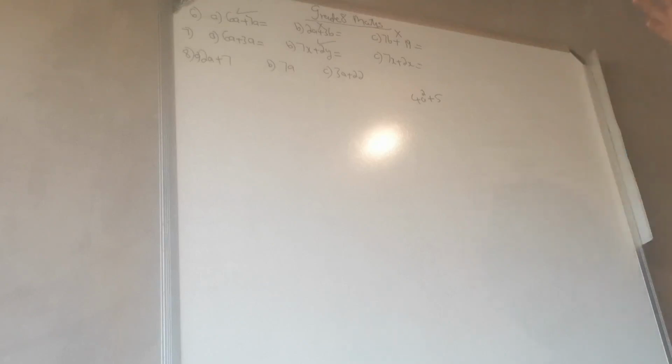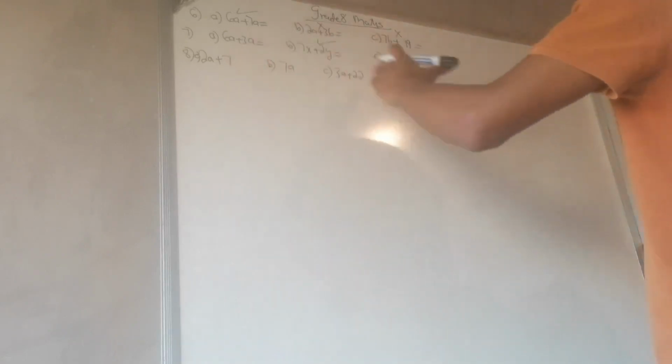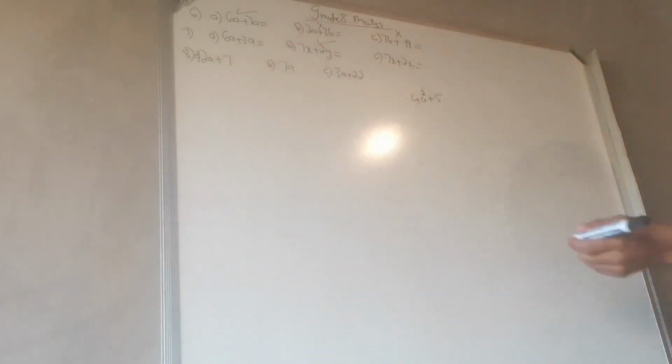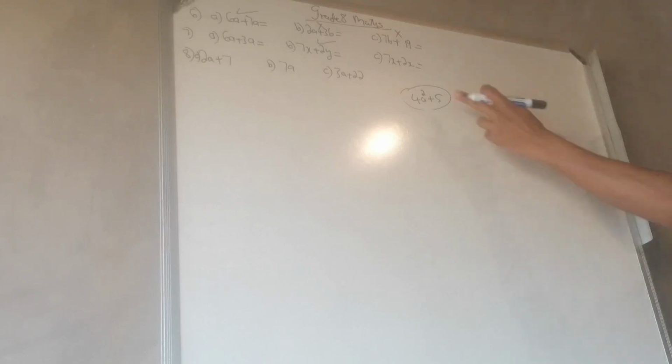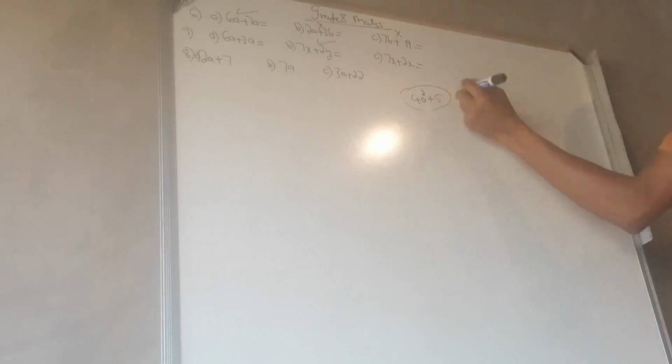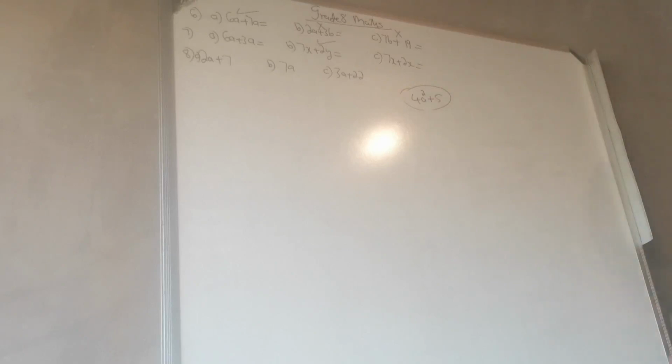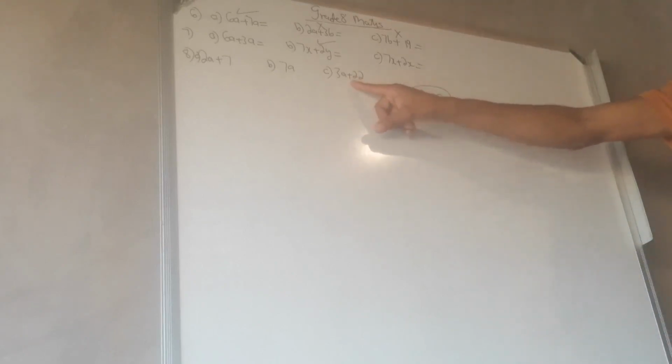So when they say circle the algebraic expression, this is provided to you as an example of such. It's any mathematical statement that has no equal sign. 4a squared plus 5 is an algebraic expression.